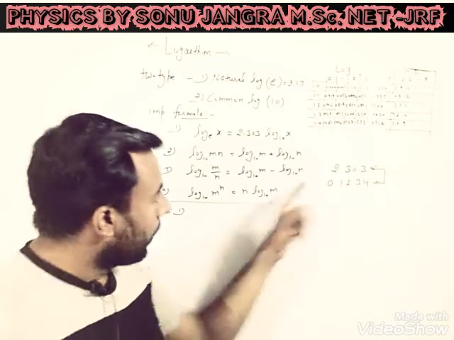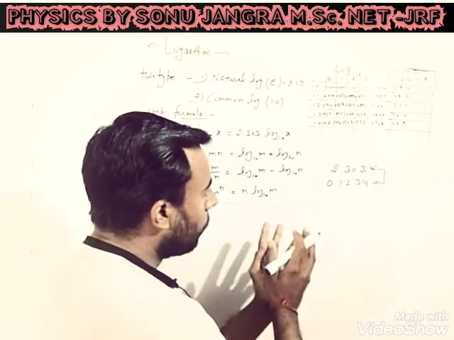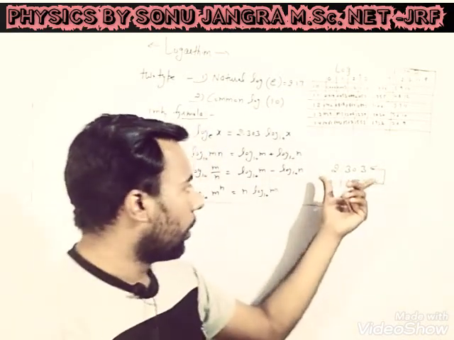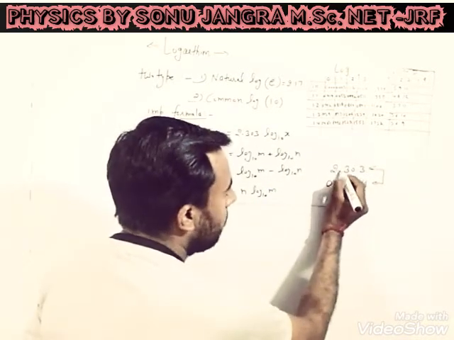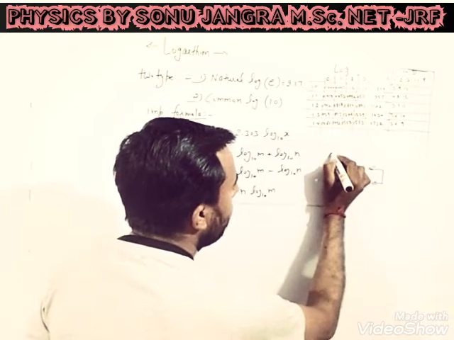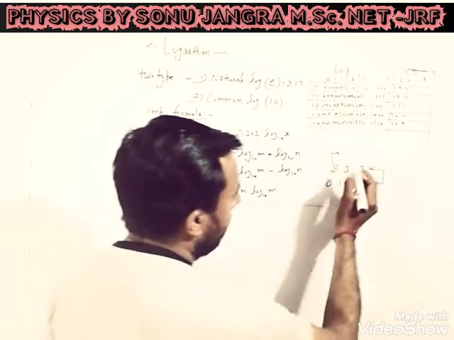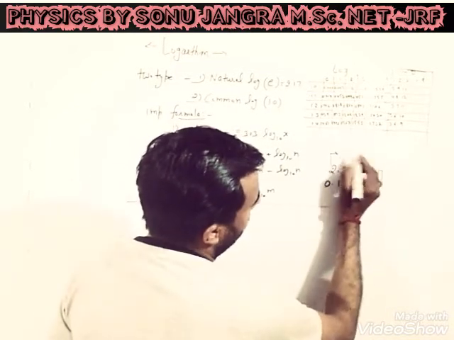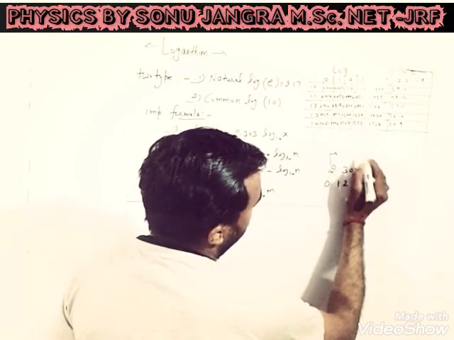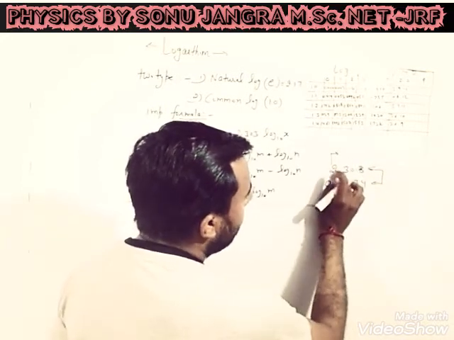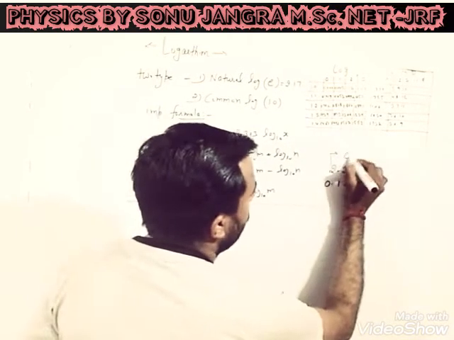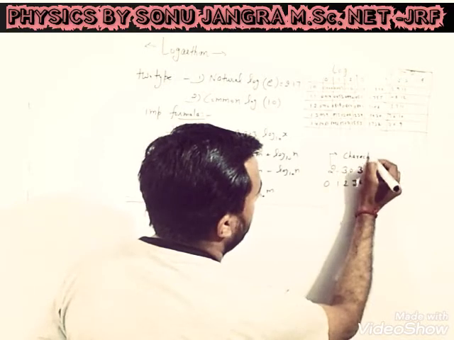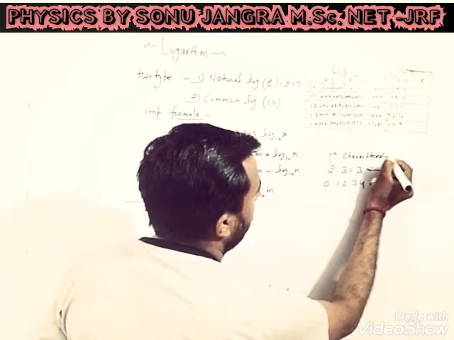Firstly, in the log values we can divide the number into two parts. One part is before the decimal point. The number before the decimal point is called the characteristic.